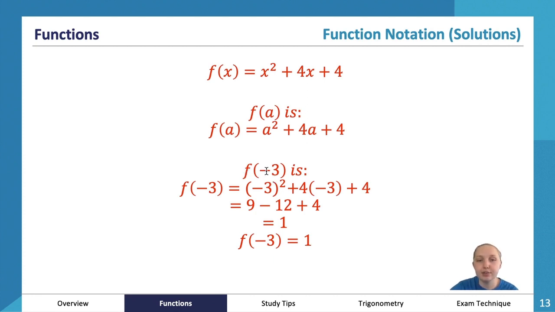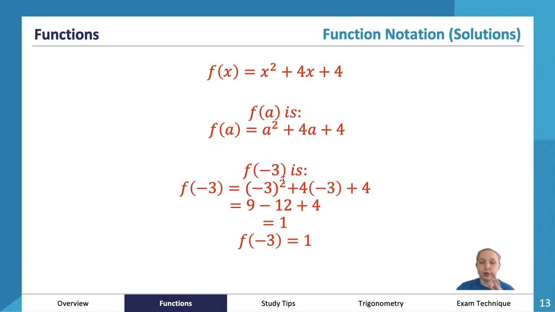We've got f of minus 3, and that means substituting in minus 3 wherever there was an x in our original equation. So we do minus 3 squared. Please remember, if you are being asked to substitute in a negative value, you must put brackets around it. Otherwise, you're going to end up with the wrong answer when you square it.